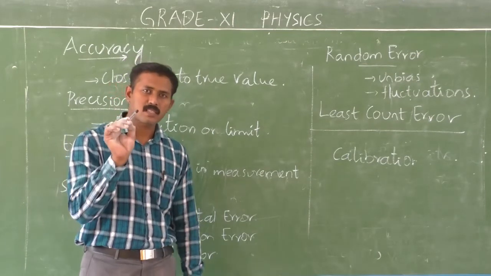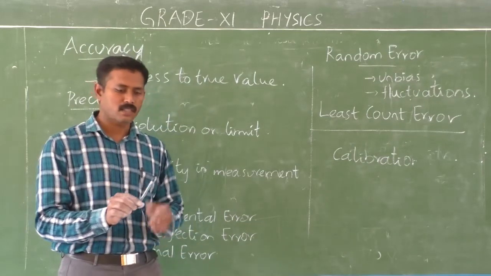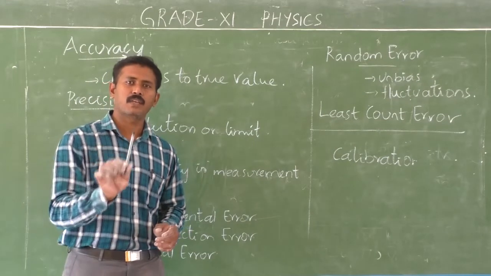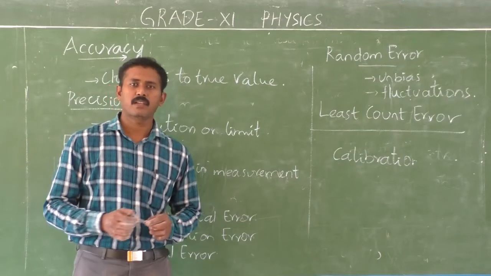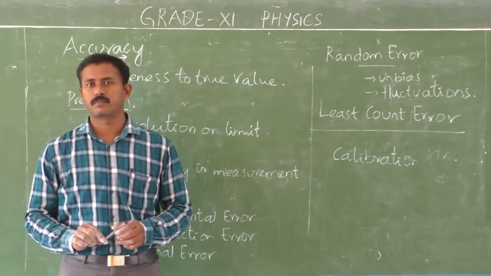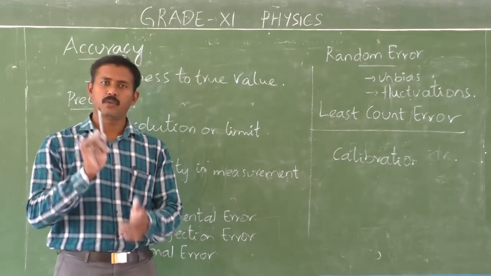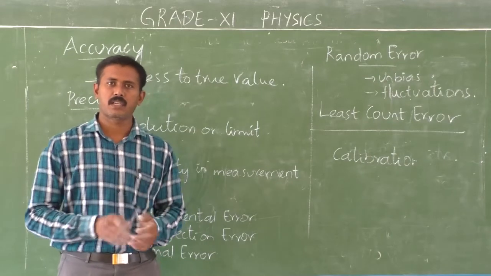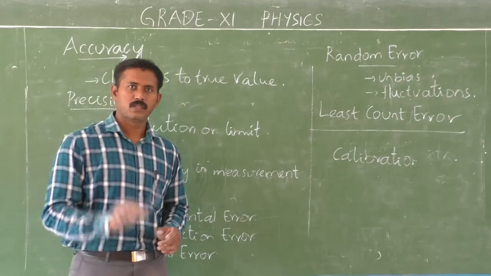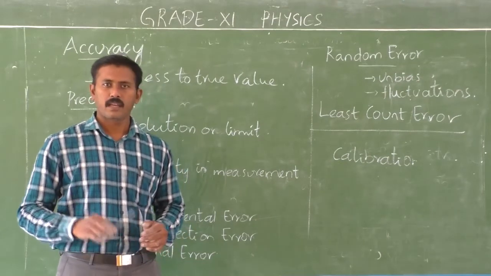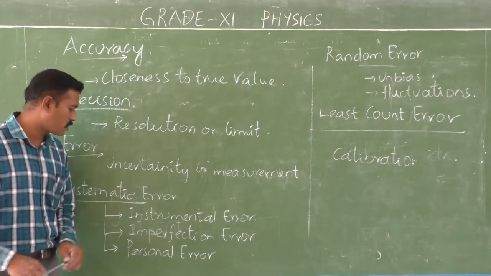This senses the temperature of the human body, but I am very sure that this temperature is not the actual value of the human body. The environmental factors will also affect the thermometer. What are the factors? The air temperature, the humidity of the air, the moisture content, everything affects it when it is exposed to the environment. Such things will cause an error, and such errors we call imperfection error.